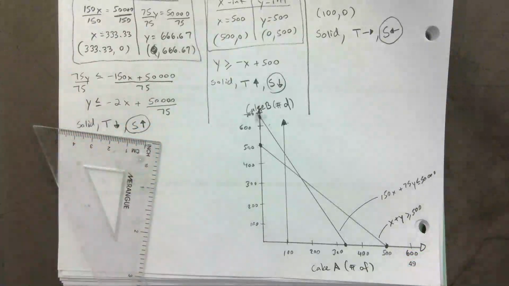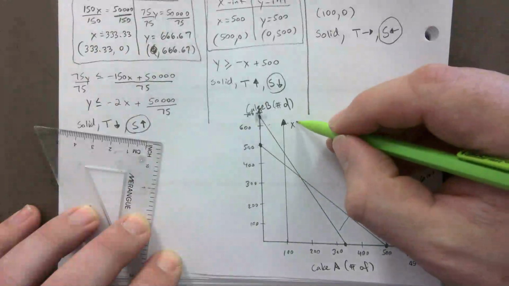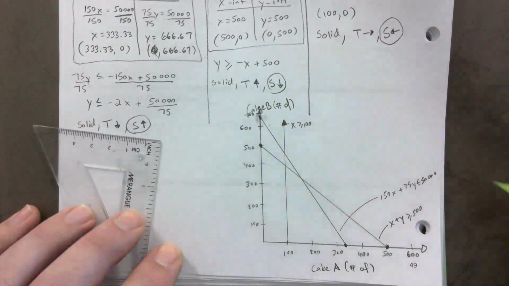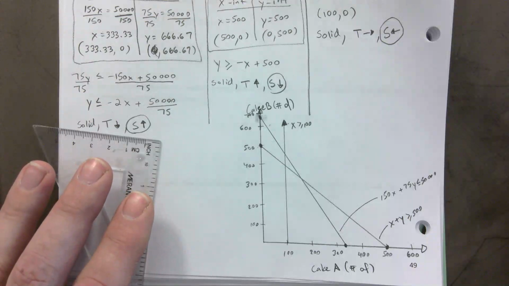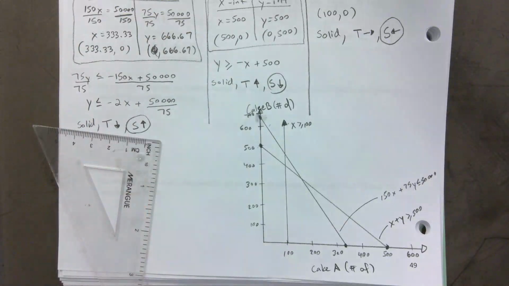Do not go outside quadrant 1. Okay, so this is x is greater than or equal to 100. And now it's the shading part. I should write that down first. You got this, guys. Just be meticulous. Just be careful. Okay.